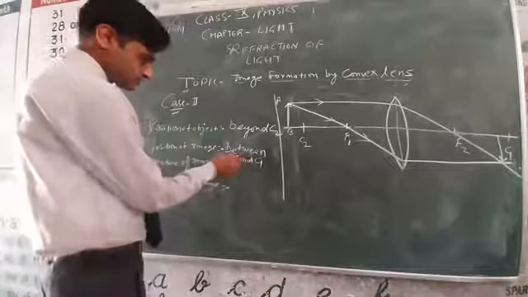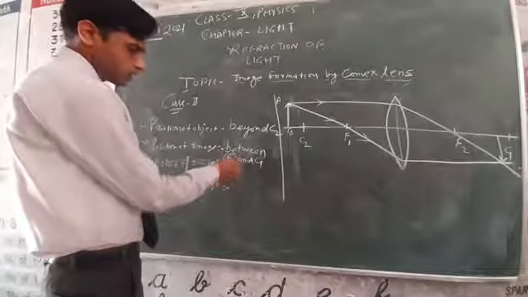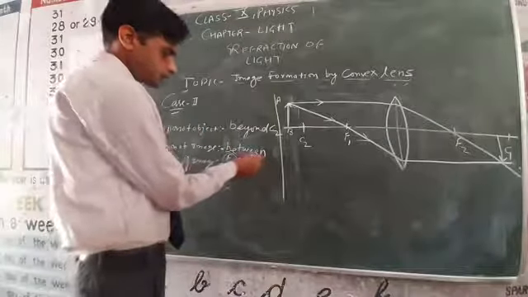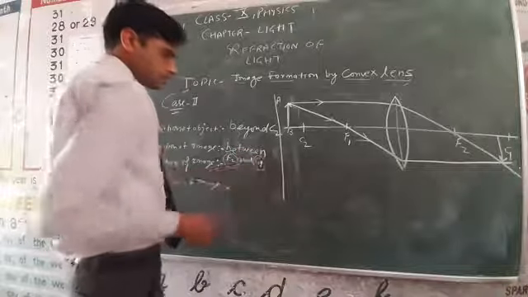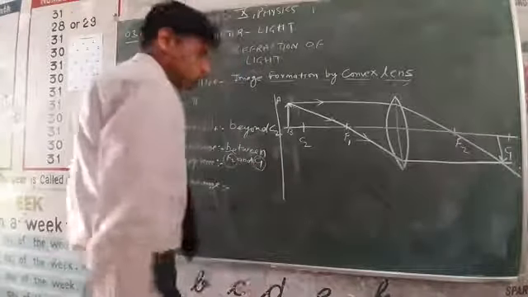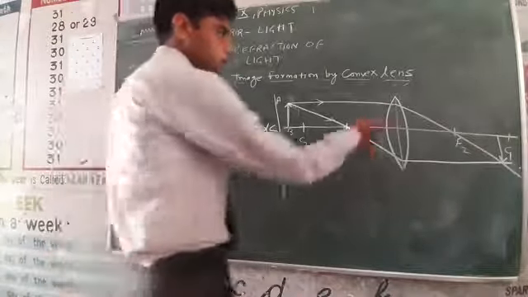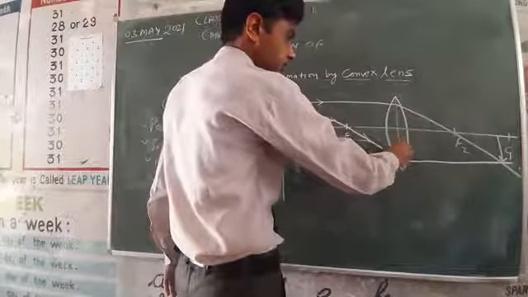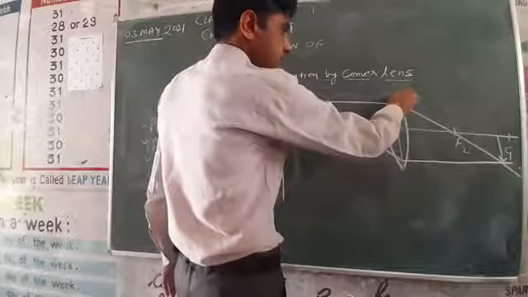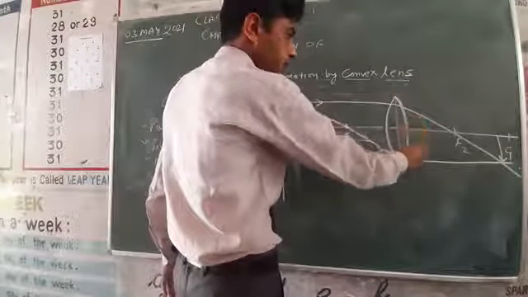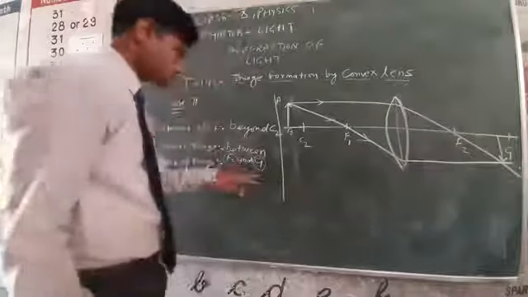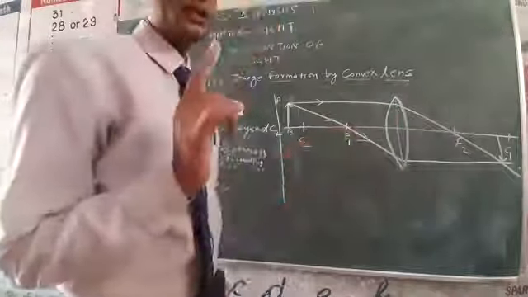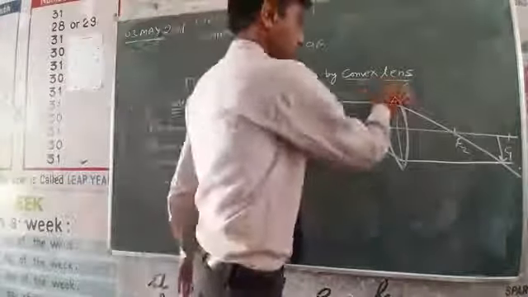This is the second principal focus point, and C1 is the center of curvature for the first surface. This is the first surface of the lens and this is the second surface of the lens. So C1 is the center of curvature for the first surface of the lens.